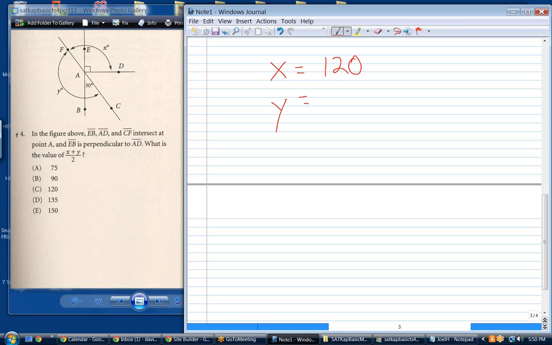Y is 180. What's x plus y divided by 2? 150. Okay.